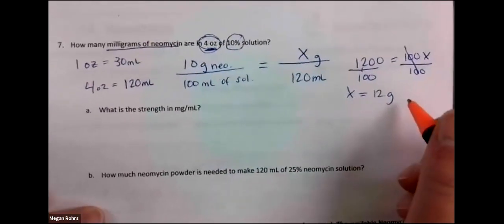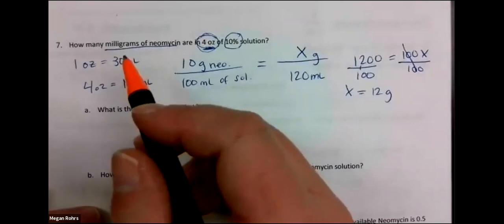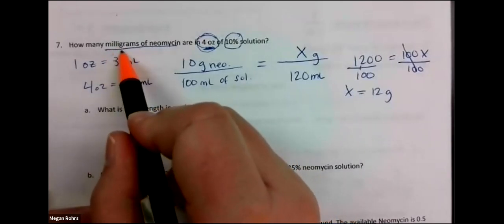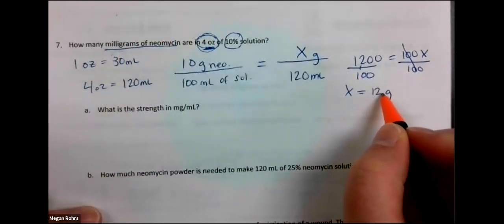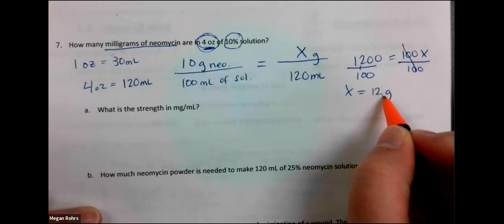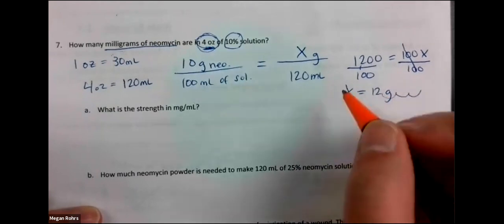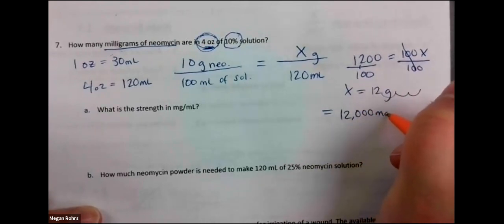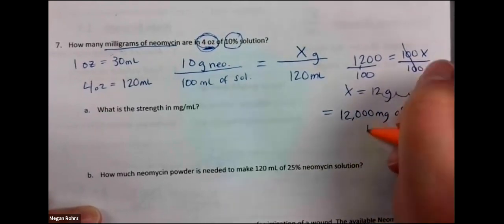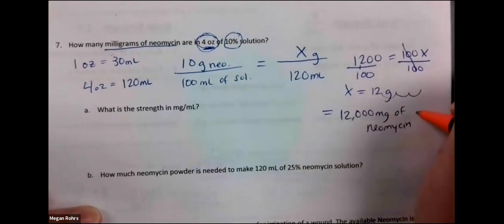But remember, they asked us for milligrams of neomycin. So when we're converting this here, we need to take our decimal point. When we're going from grams to milligrams, we're going 3 places to the right. So that is going to equal 12,000 milligrams of neomycin.